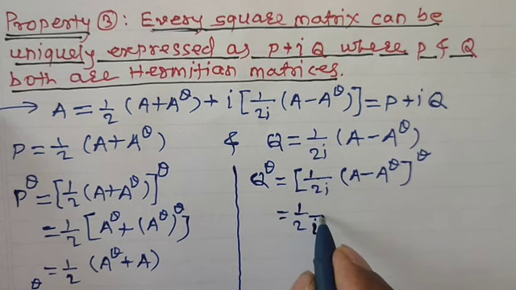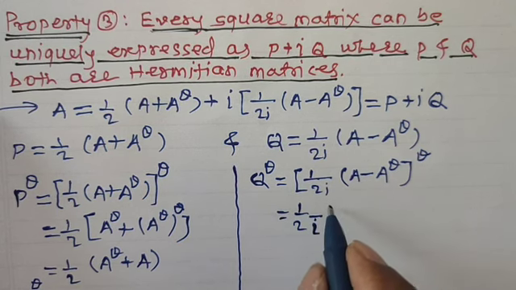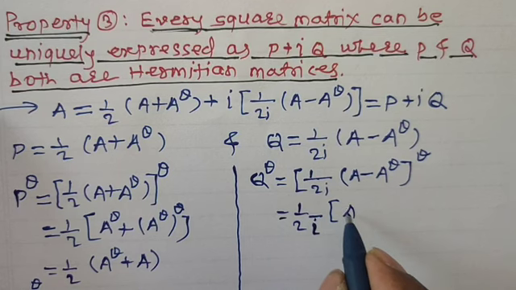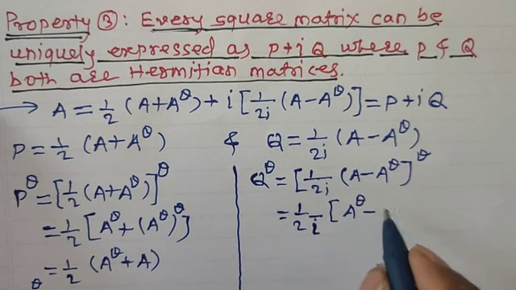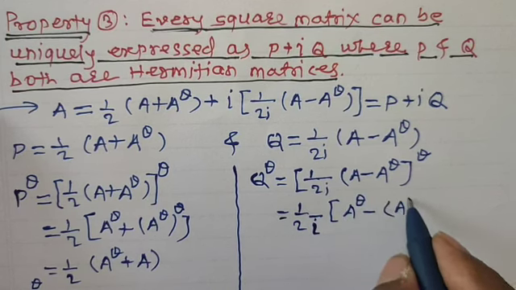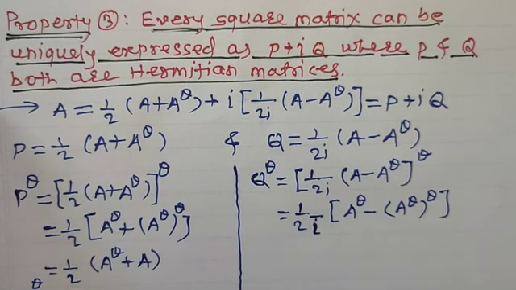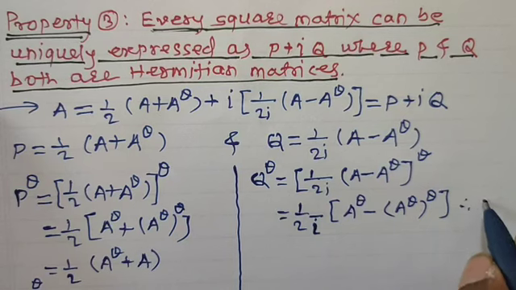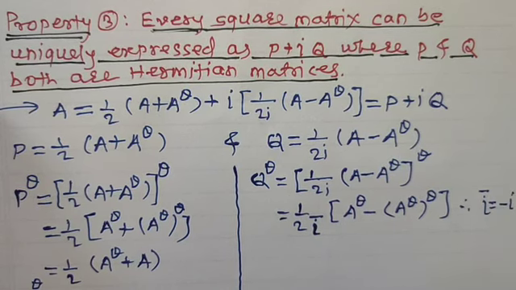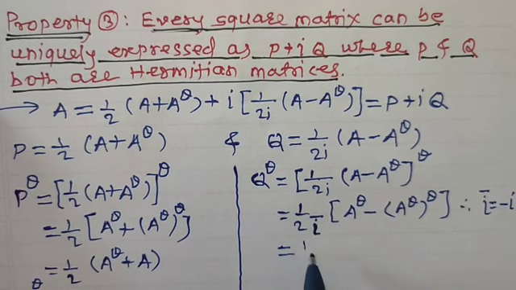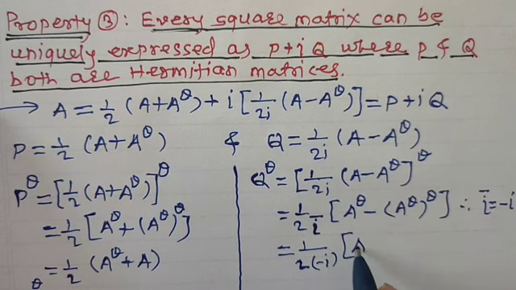That's why i conjugate, and then into bracket conjugate transpose of A minus conjugate transpose of A theta, again its conjugate transpose. But you know, i bar is nothing but minus i. So this is equal to 1 upon 2 into minus i into bracket A theta minus A.